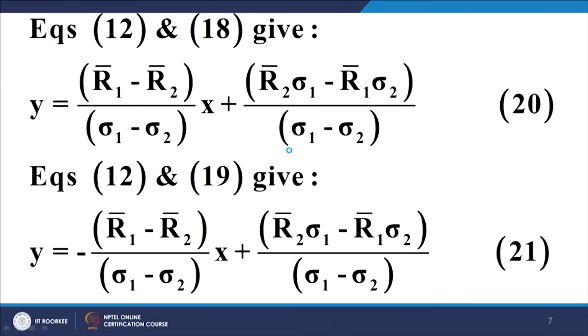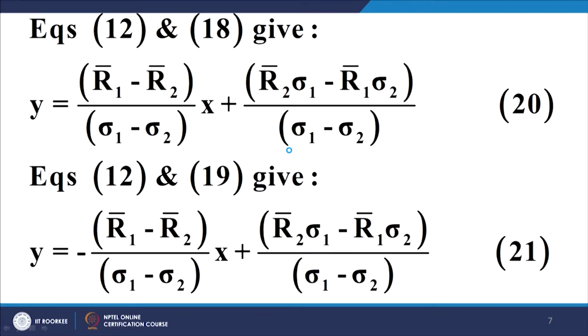So, if the right hand side of equation 18 is positive, then eliminating x1 between 12 and 18, we get the expression in equation 20. And if the right hand side of equation 18 is negative, then equation 19 holds together with equation 12, and you eliminate x1 between equation 12 and equation 19 to get what is given in equation 21.